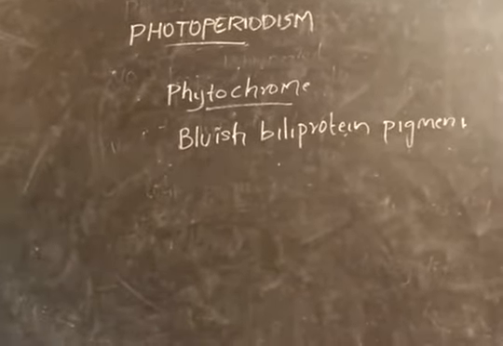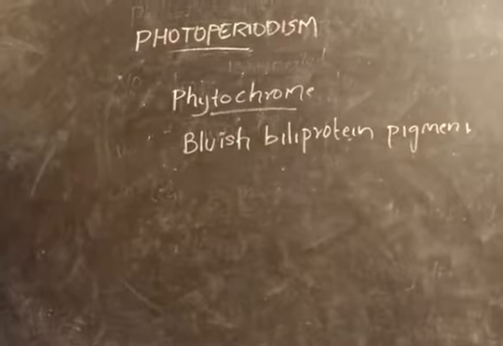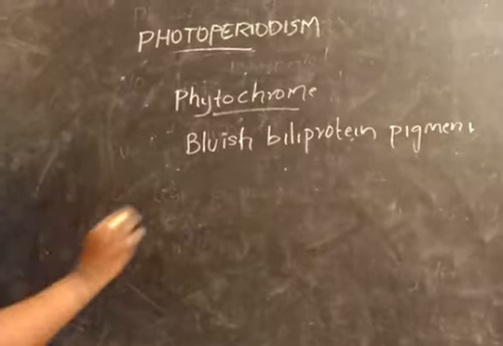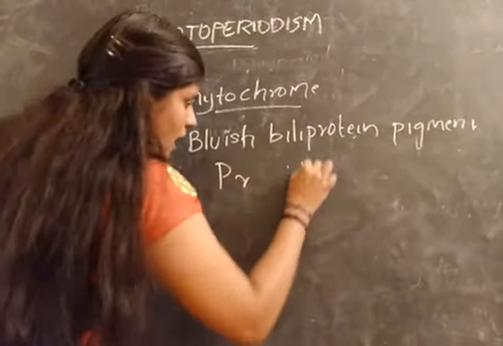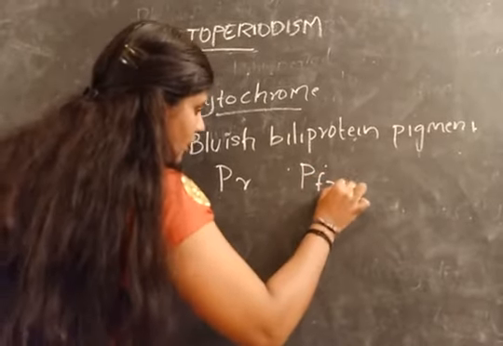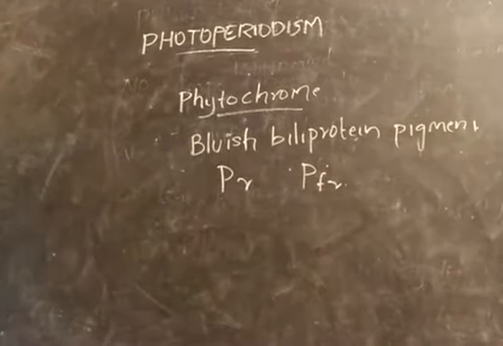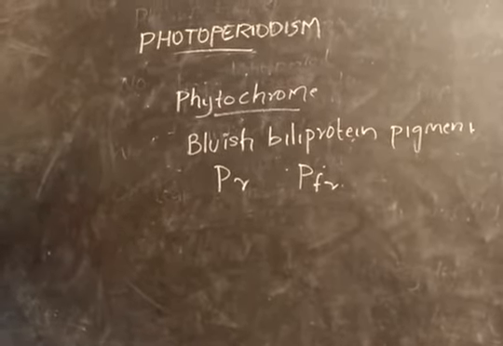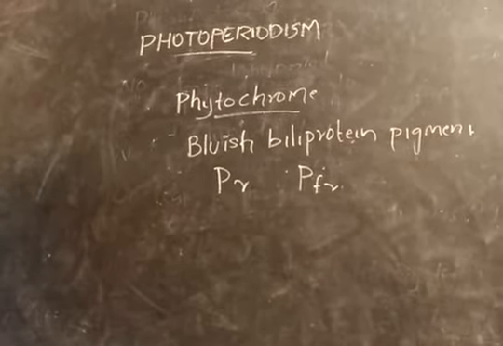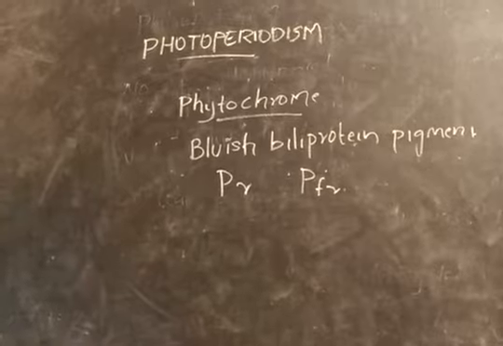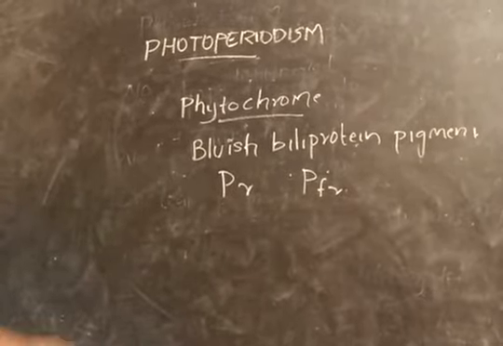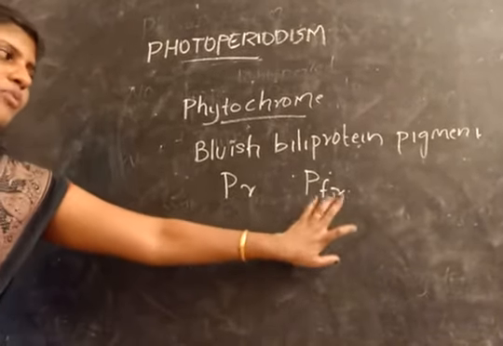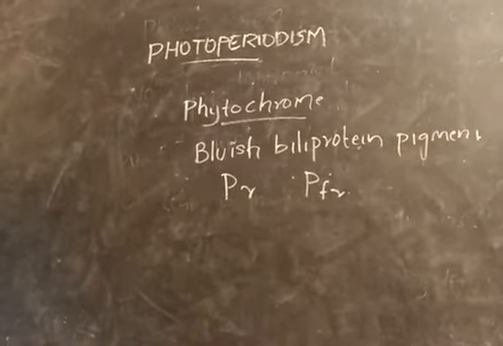So the phytochrome exists in two interconvertible forms, that is PR and PFR. The PR form is the pigment that absorbs red light, whereas the PFR form is the pigment that absorbs far red light.